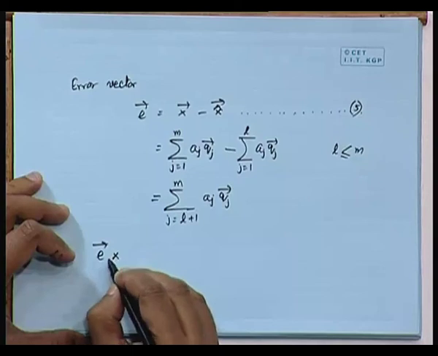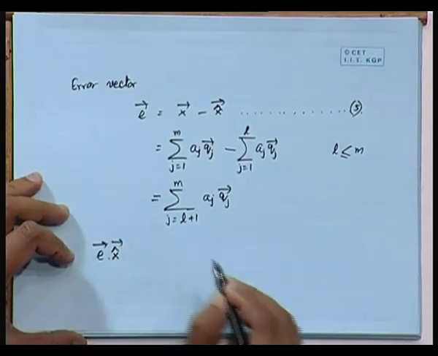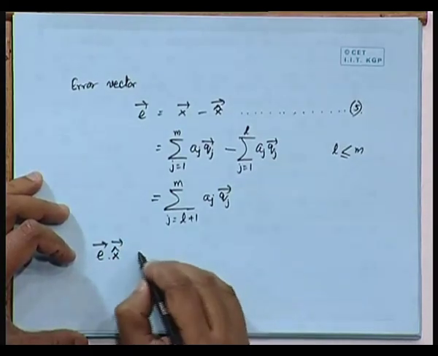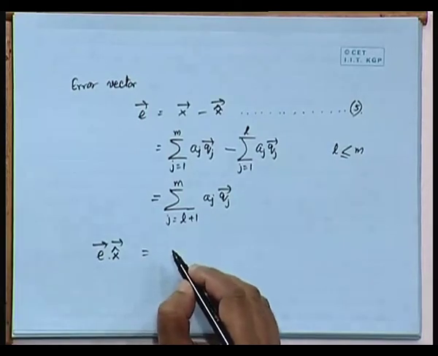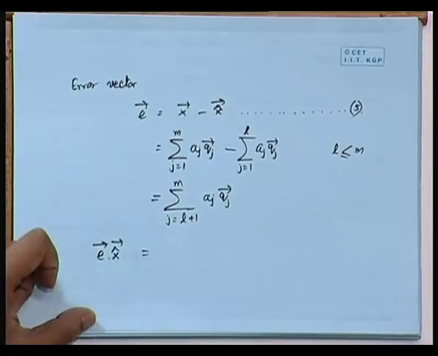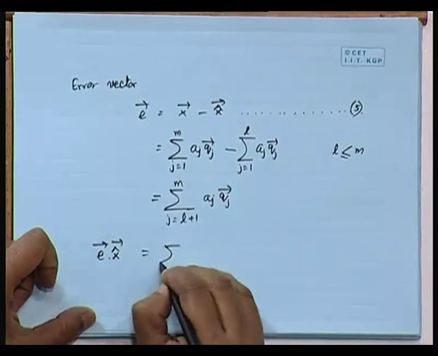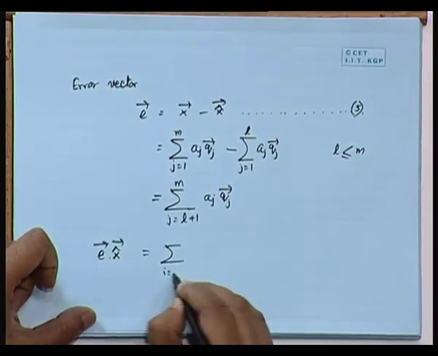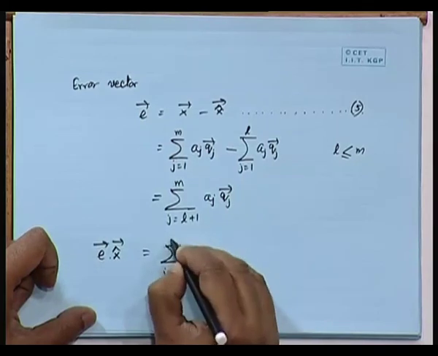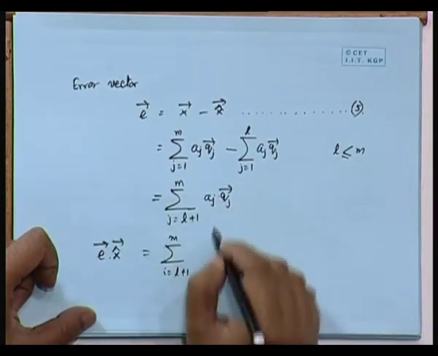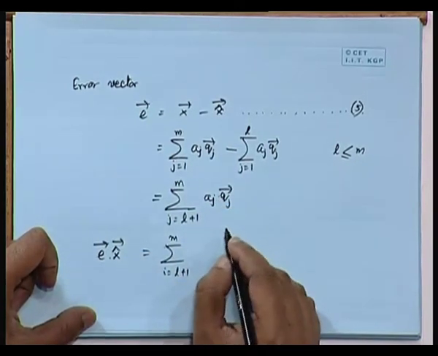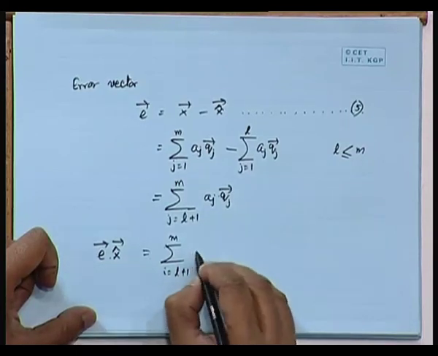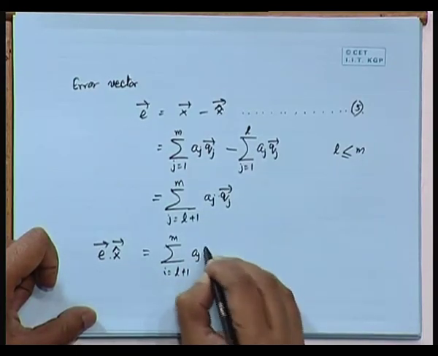Now let us calculate the error's dot product with the x cap vector. All right. So, what are you expecting? Just see what you are getting. This is the summation i equals L plus 1 to m. We just simply substitute the expression that we have got for E. So, E is the summation of aj qj vector.